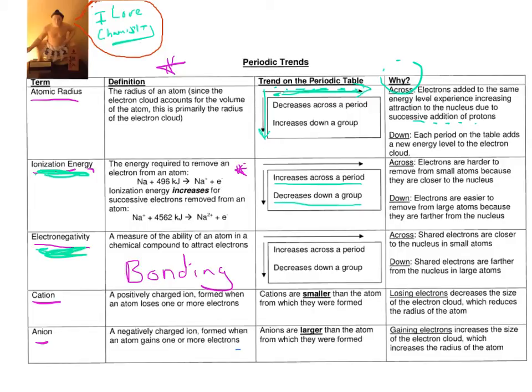And just the opposite is true here. Anions, or the negative ions, are larger than the atom from which they form because you're gaining electrons. That causes the electron cloud to increase in size. Okay, so those are most of the trends we're going to be talking about.